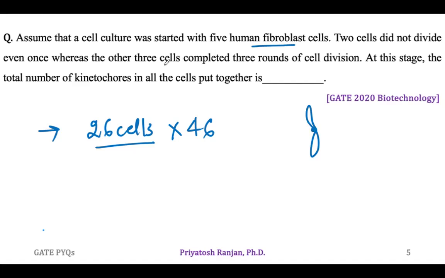Because remember, it's given that the three cells completed 3 rounds of cell division. So they have completed the M phase and have moved to the G1 phase. This structure exists during the G1 phase, and you have a single kinetochore for a single chromatid. So 26 cells into 46. So the final answer is going to be 1196.